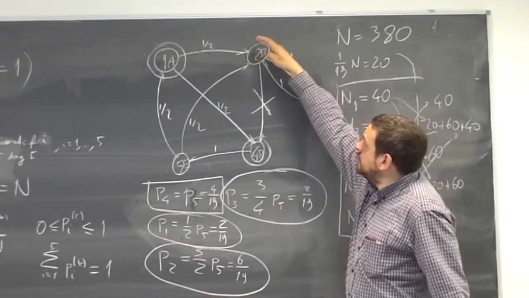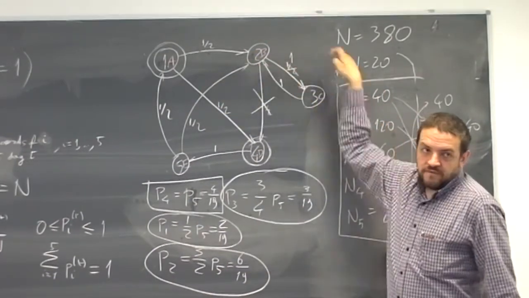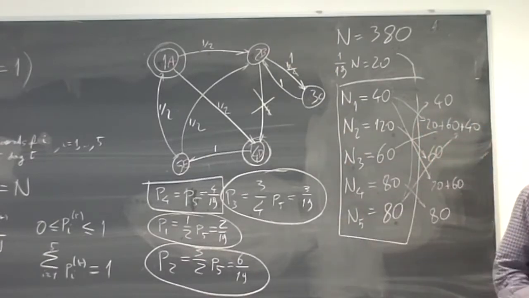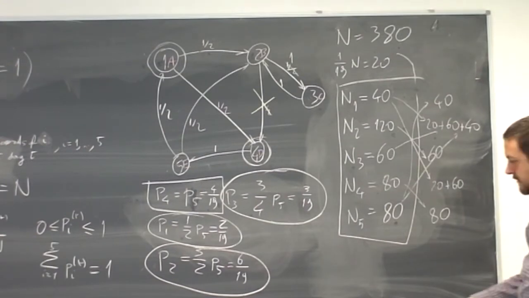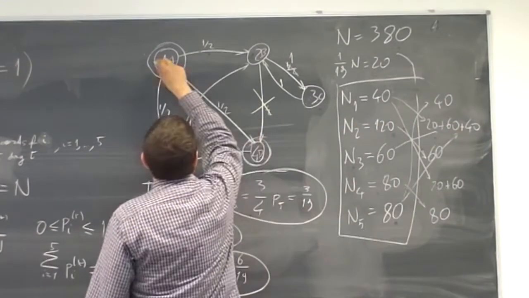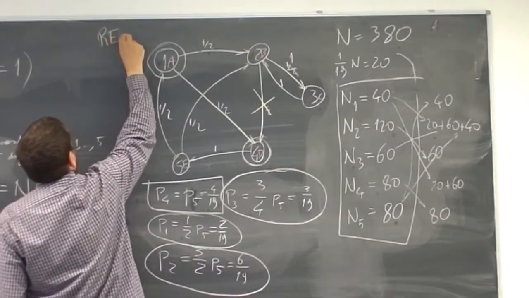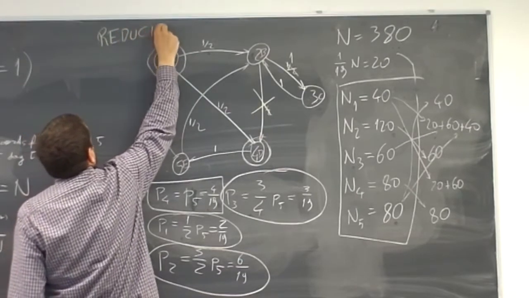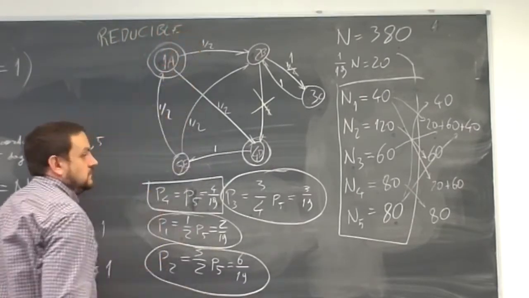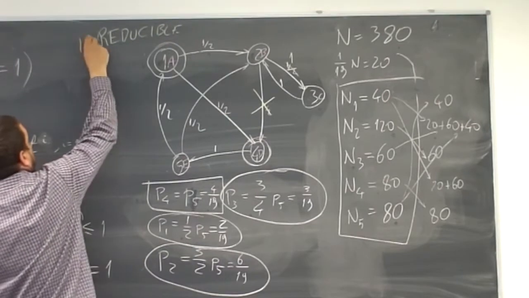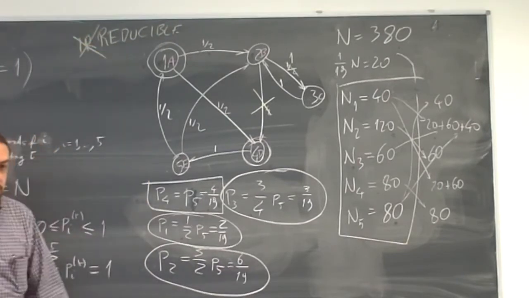So there are no arrows going out of B and C. So we lost irreducibility. This graph is now reducible, or let's say it's no more irreducible.